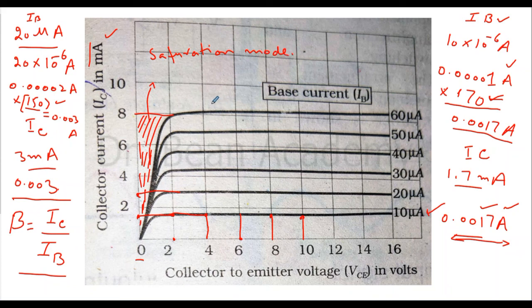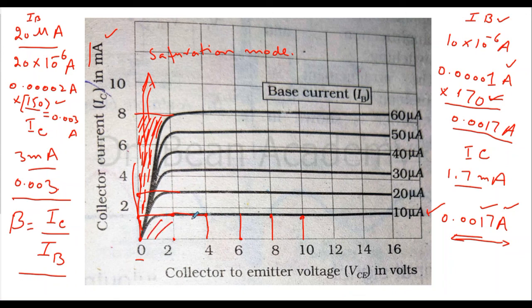It means both junctions are in forward biasing, and whatever the voltage across the collector and emitter, you will just see an increase in the current because now they are behaving like a conductor. There is nothing special in that one. So we just label it with this name, saturation region, because the transistor is operating in saturation mode when both the junctions are in forward bias mode.